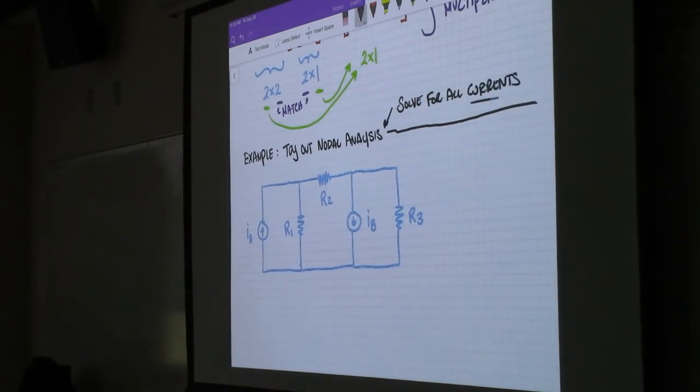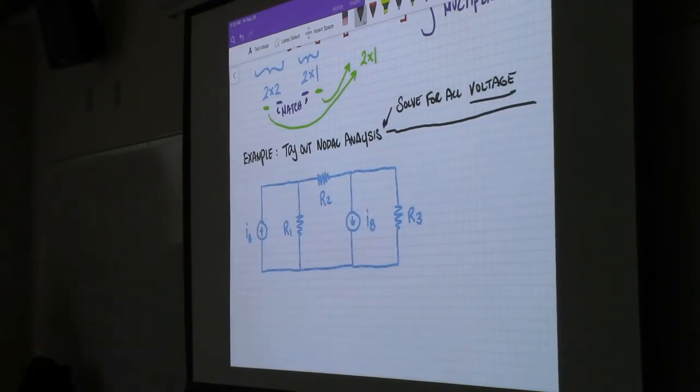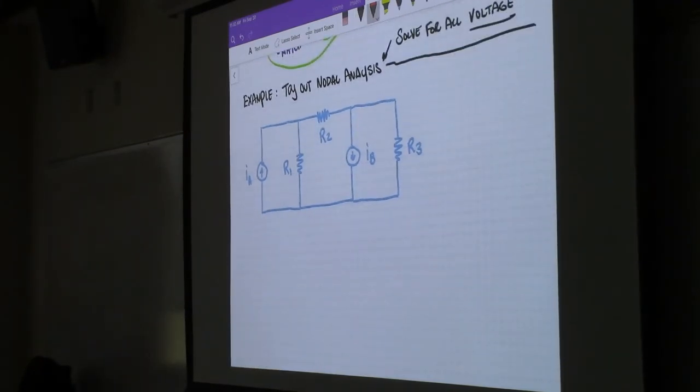The reason why I say that is that in a nodal analysis, the value that it's going to first spit out will be the node voltages. Okay, so without too much introduction, let's take a look at how to do this.